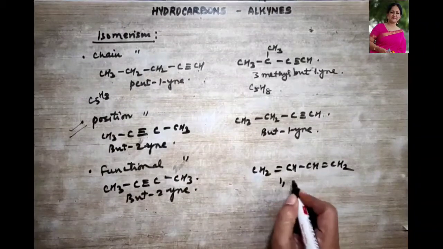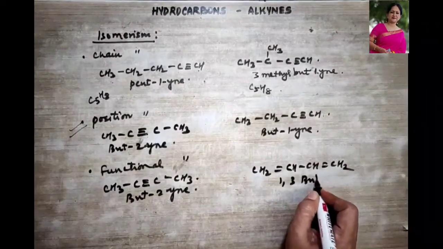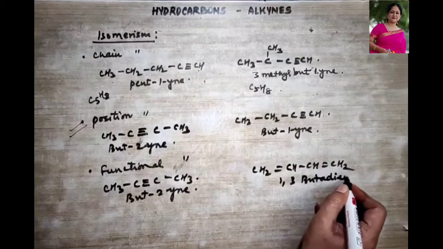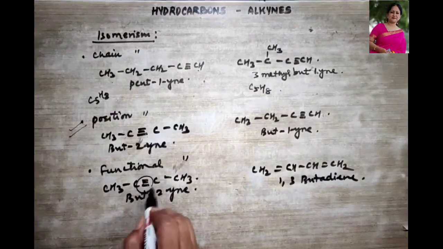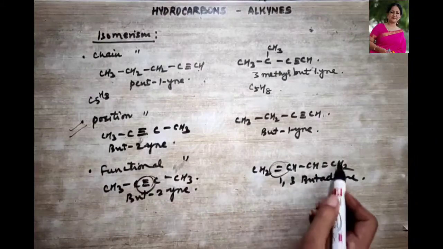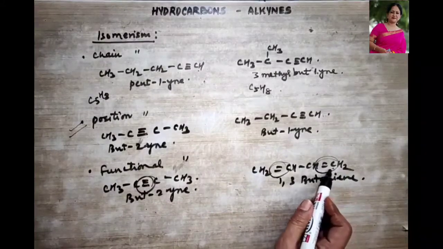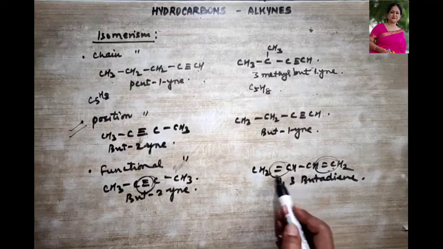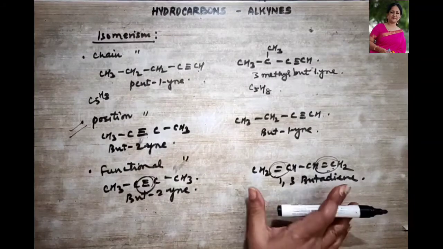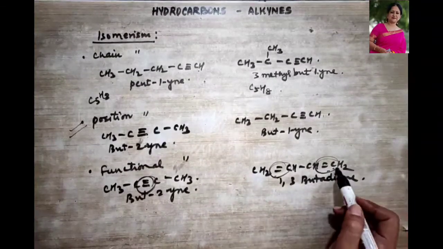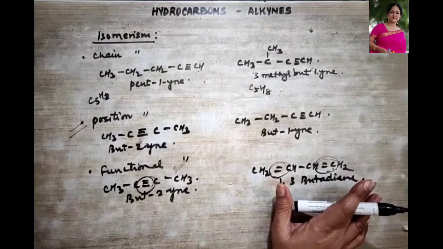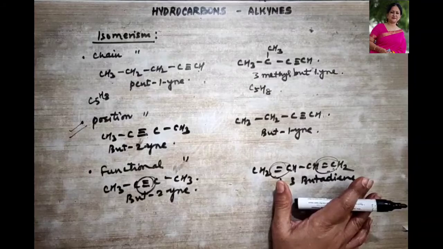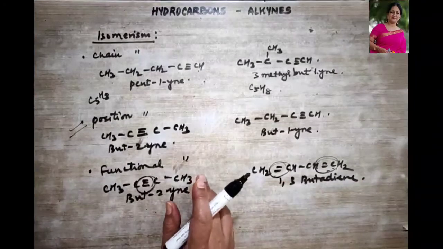This is called 1,3-butadiene. So here you can see there is a triple bond over here, whereas here you can observe that there is a change in the functional group, that is it has become a double bond or an ene compound. Okay, so I hope you have understood what I want to explain about isomerism. Now we shall move to next.